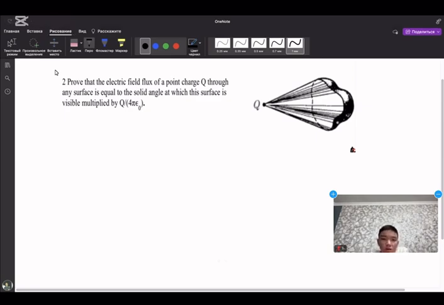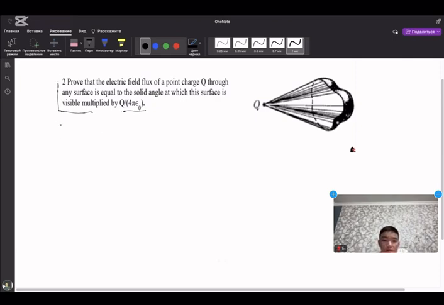As we see, we have one question and I want to explain it. The question is about the proof that the electric field flux of a point charge Q through any surface is equal to the solid angle at which this surface is visible multiplied by this formula.